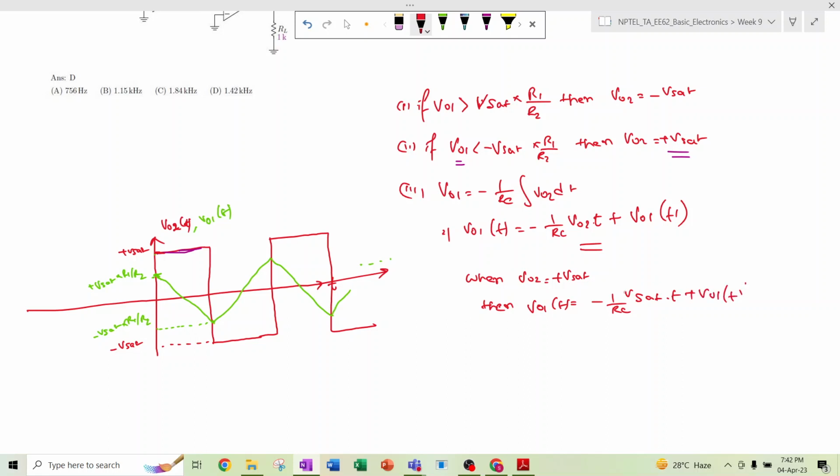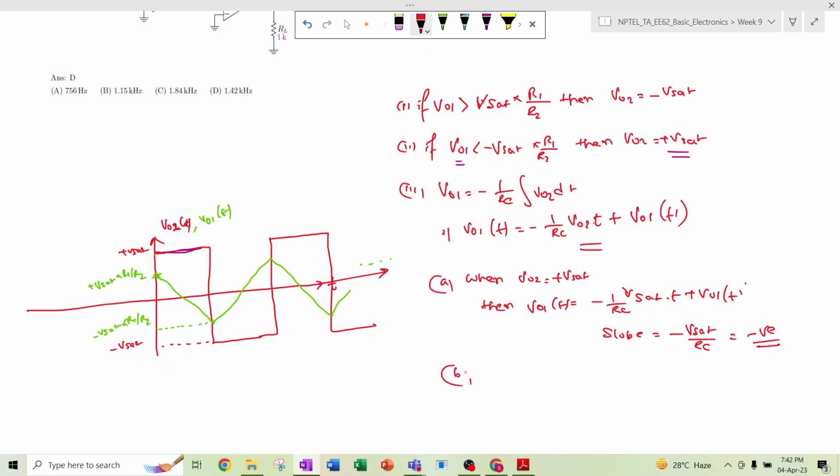That means the slope of the curve is minus Vsat divided by RC, right? This is multiplied with T, that means this is the slope. Which is a negative number, because Vsat is positive, R and C are also positive. This is case A, right?